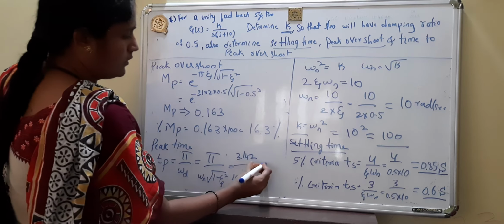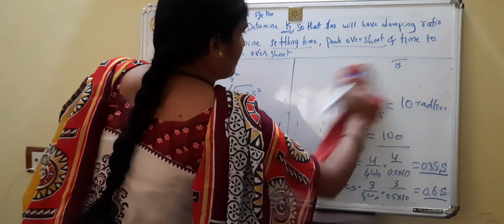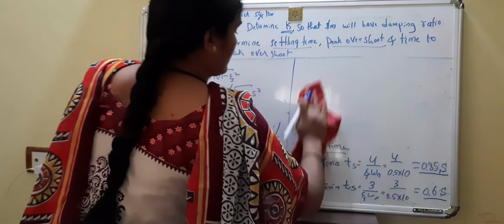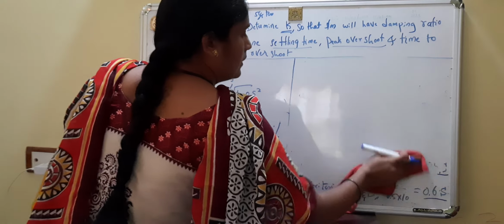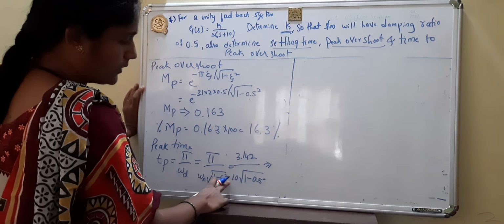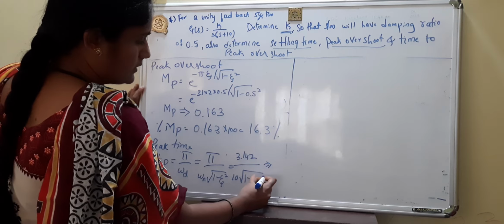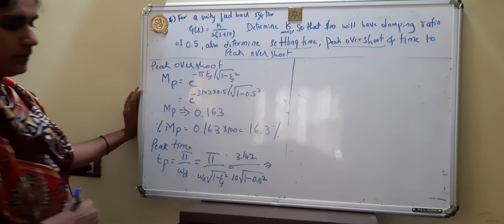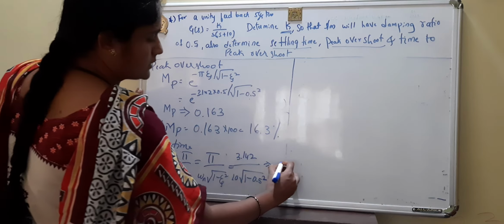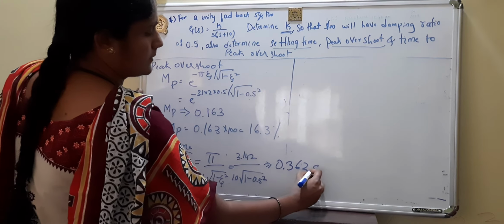After simplifying this one, we will have 3.142 divided by 10 into square root of 1 minus 0.5 square. If we simplify all the things, we will have 0.363 seconds.